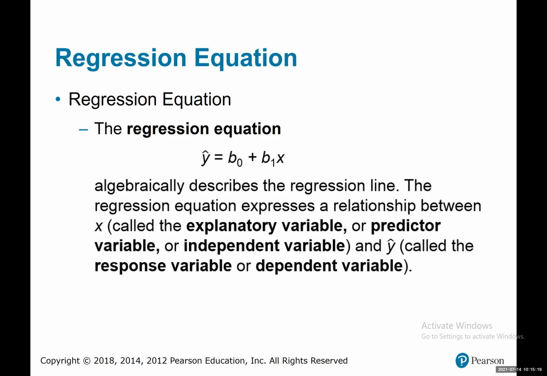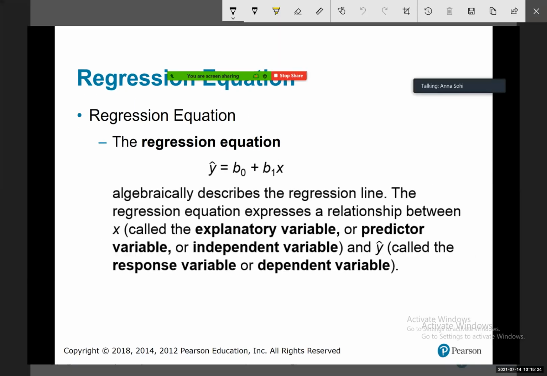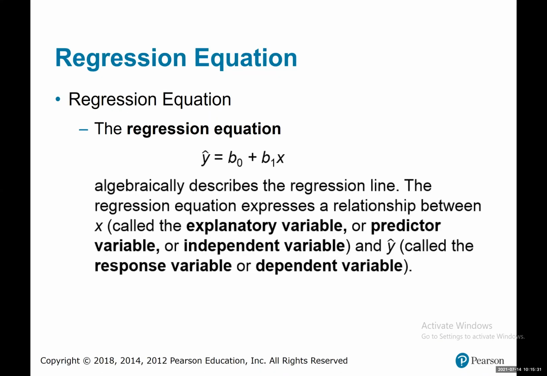Regression equation is y equal to, in our calculator, we said a plus bx. It's the same thing. Where x is the explanatory variable or predictor variable or independent variable. Y hat is the response variable or dependent variable. And again, write a plus bx. So I'm going to give you a few seconds to copy it down.